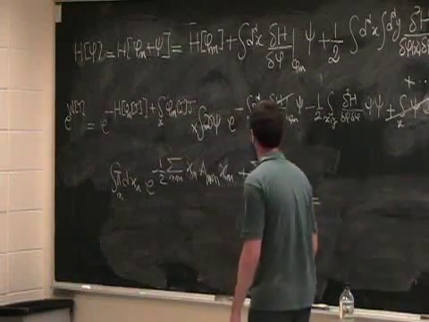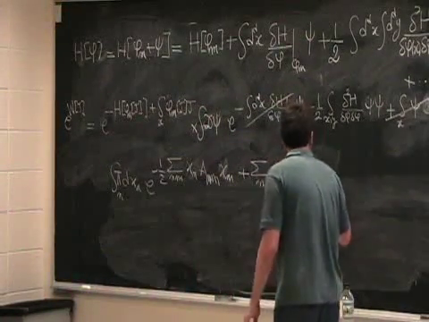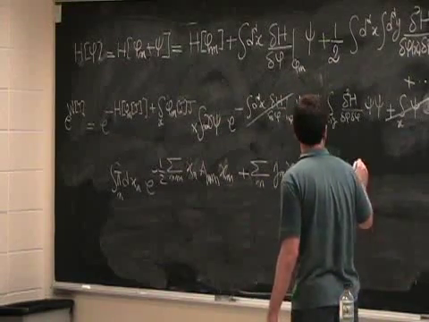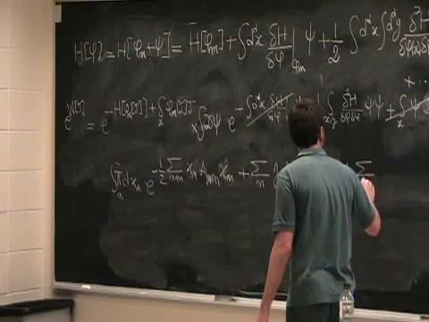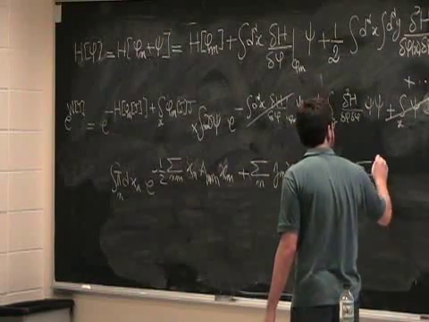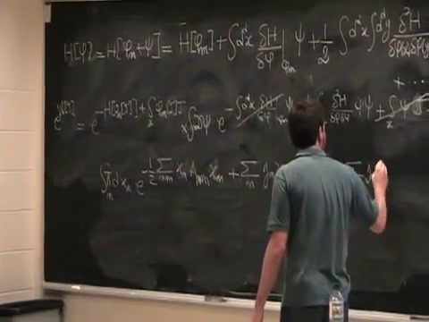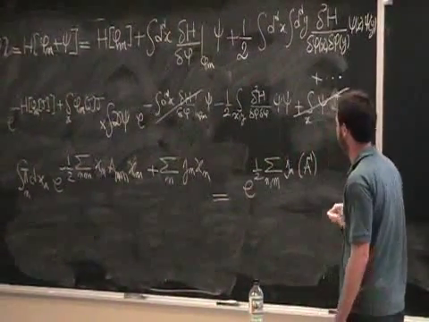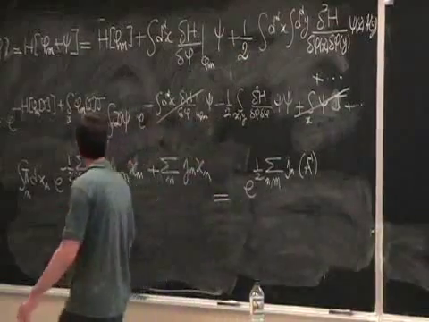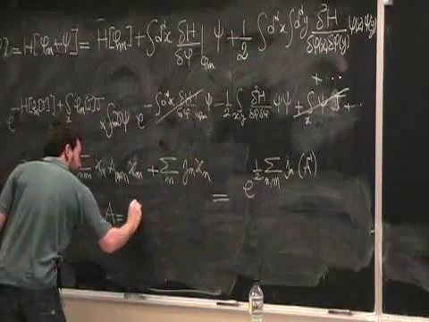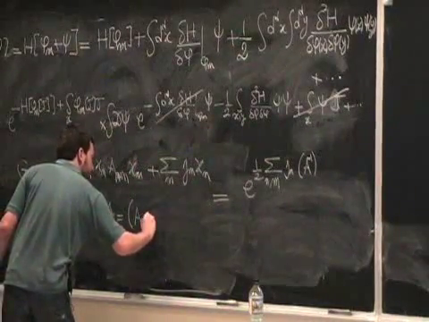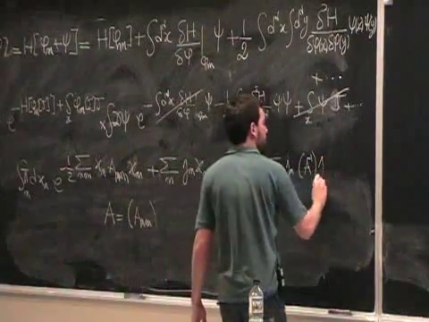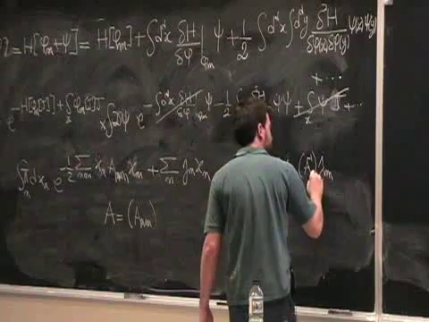This is an exercise, and it is proportional to the exponential of 1/2 the double sum of J_n times the matrix inverse of A times J_m. You can see A as the matrix with components A_nm.